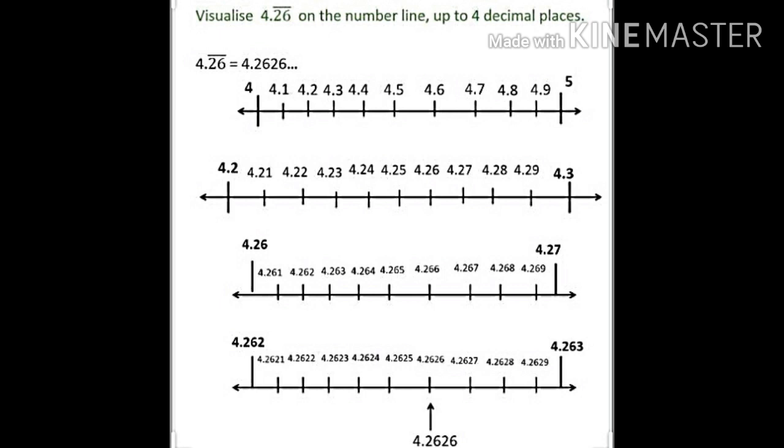Let us now magnify the portion between these two numbers and again divide it into 10 equal parts. The first mark will represent 4.2621, the second 4.2622 and so on. The sixth mark on this line will represent the given number 4.2626, that is 4.26 bar.